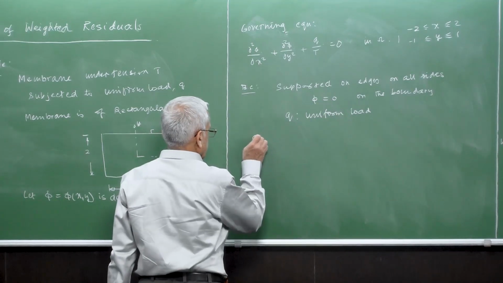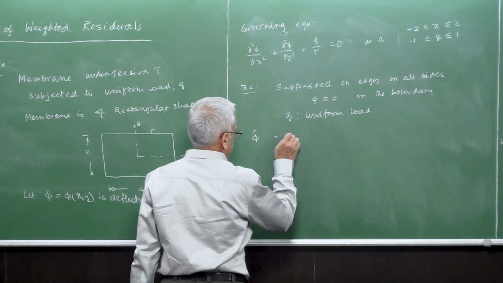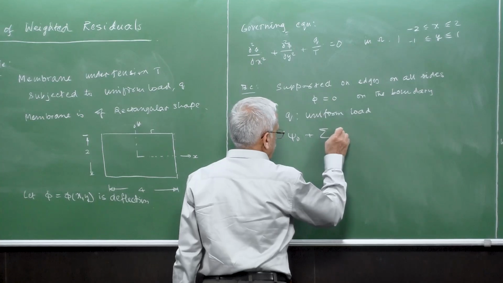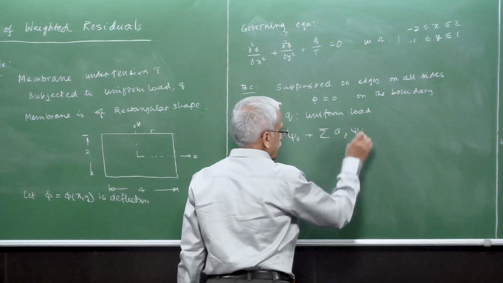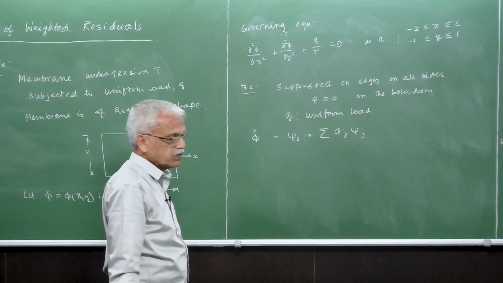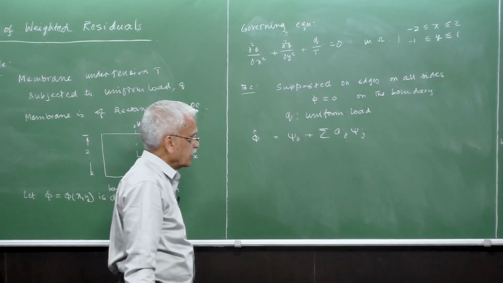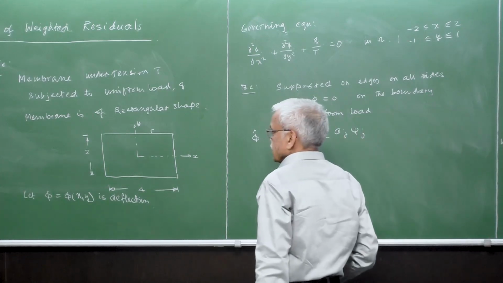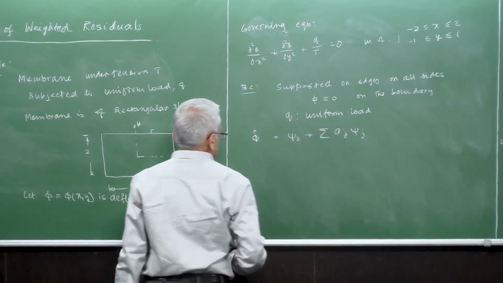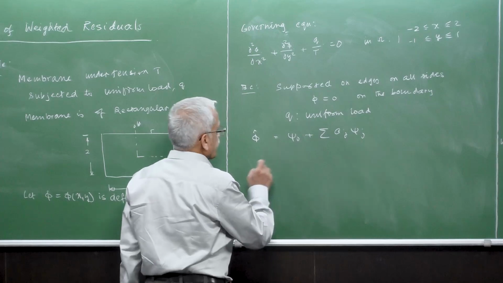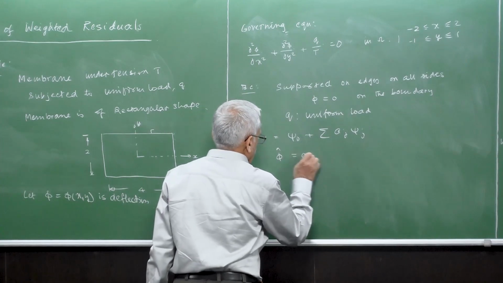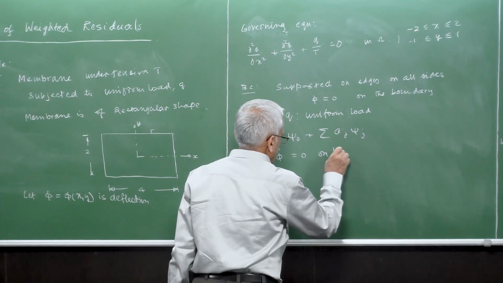Okay. Then, what is our first task? Our first task is to determine psi naught. What will be the psi naught to start with? So for psi naught, the boundary condition here is that phi hat has to be 0 on the boundary.